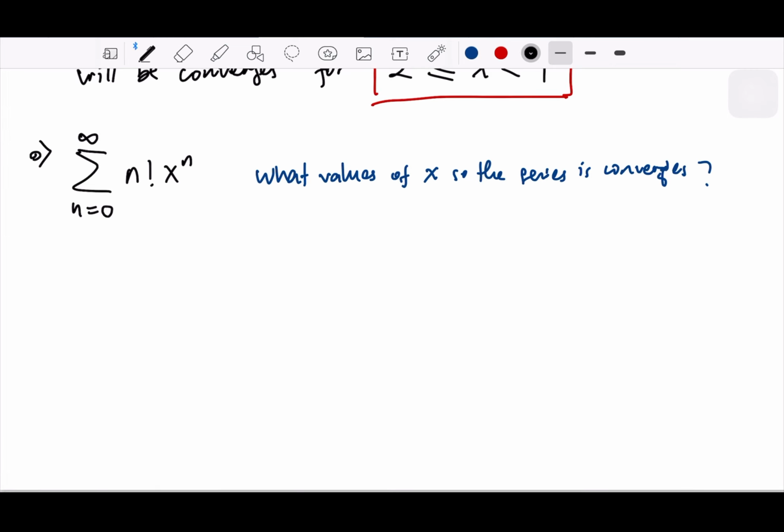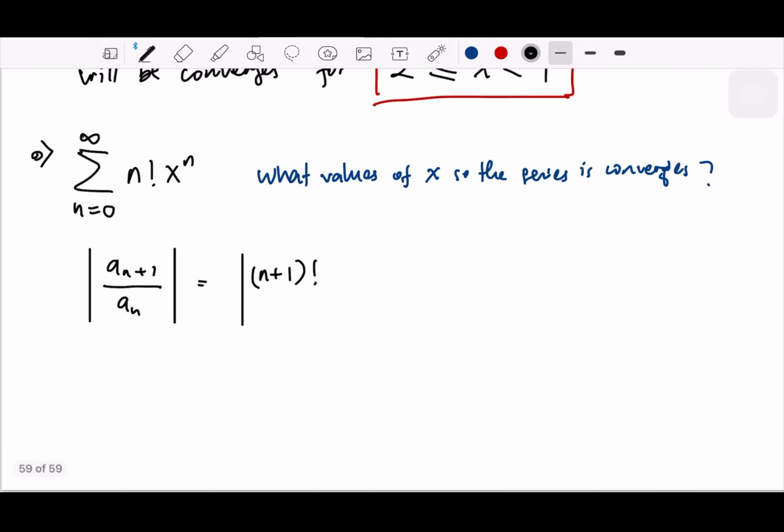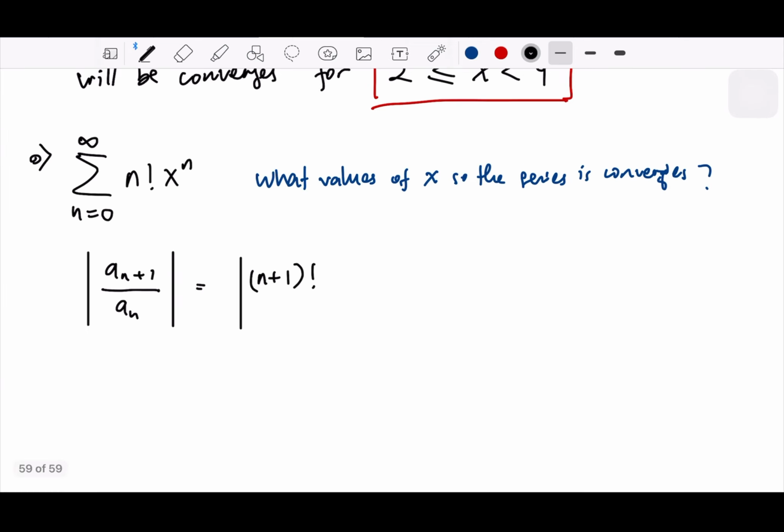Okay, we can directly go through the ratio test. So let me write a n plus 1 divided by a n. This will be n plus 1 factorial x to the n plus 1 divided by n factorial and x to the power of n.